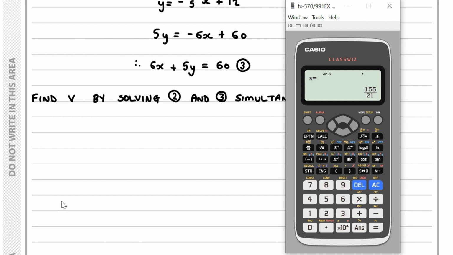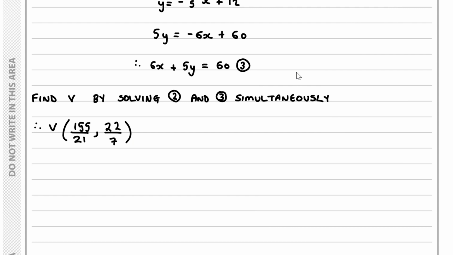So therefore, we'll end up with 155 over 21 for the x coordinate, and the y coordinate, that's 22 over 7. So that's the coordinate of V.